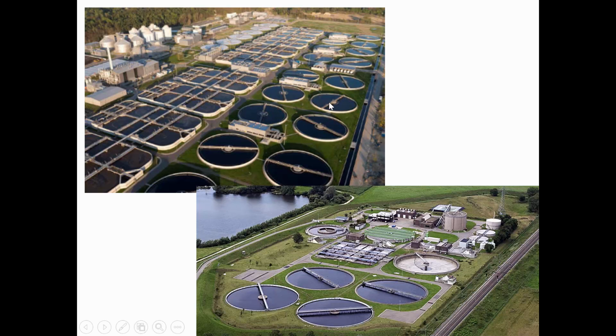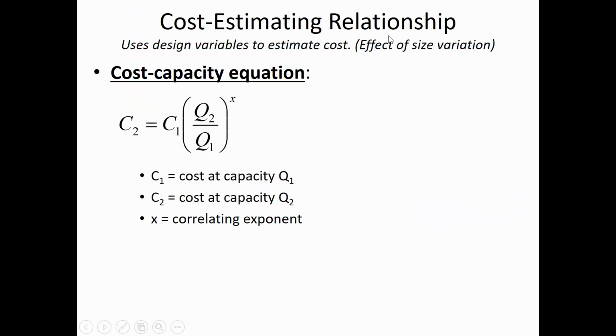So the people who built this wastewater treatment plant maybe had a better price on pumps than the people who built this one. Maybe since they were buying so many pumps, they got a bulk discount. So there are some things where the pricing becomes more favorable the more that you buy or the bigger the item is. But there are some things where the pricing becomes less favorable as you build a larger and larger system. So a cost capacity equation will allow you to estimate the cost effects of size variation.